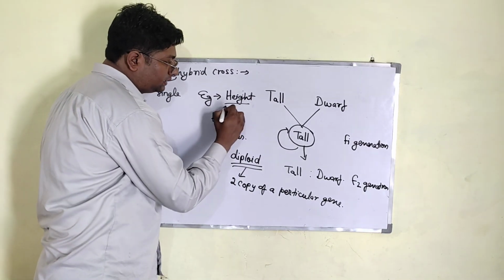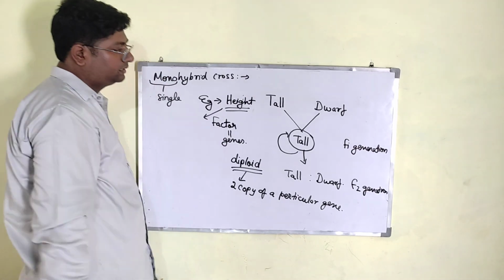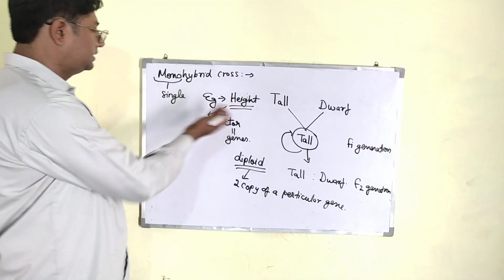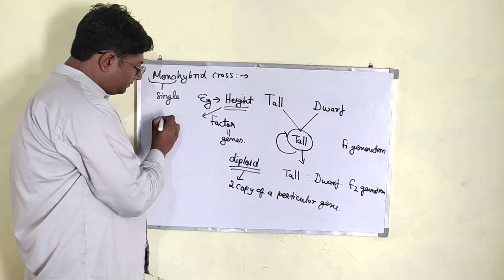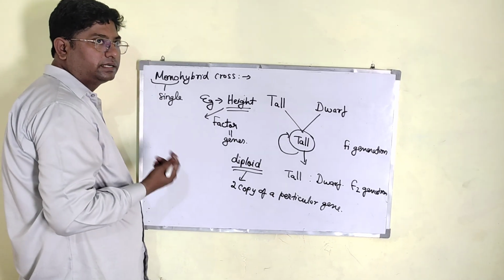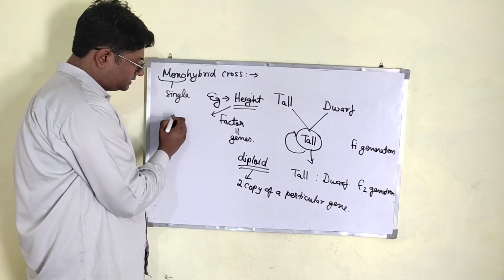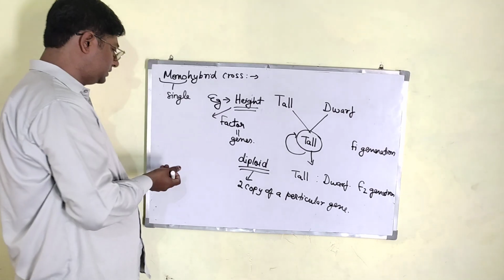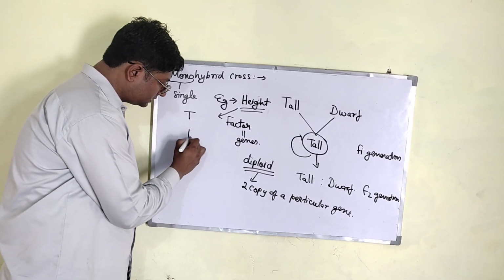Suppose there is a character, as we already wrote in the example, that character is height, and we represent height by the alphabet T. We can write T in 2 forms, one uppercase and one lowercase. Uppercase means the capital letter T and lowercase is the small letter.